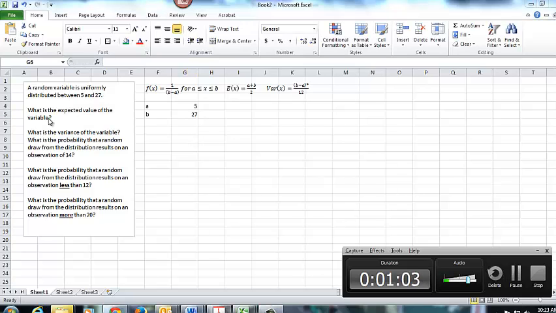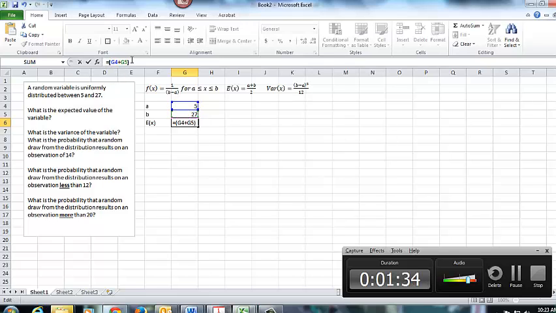So our first question here asks us, what is the expected value of the variable? I've copied here for you your equations as they appear on the formula sheet. So the expected value of the variable, we're just going to use this formula. E of x means expected value of x, our variable is x, is equal to A plus B divided by 2. So E of x is going to be equal to A plus B, and that quantity is going to be divided by 2.